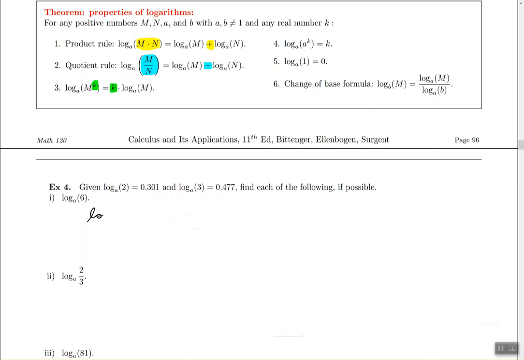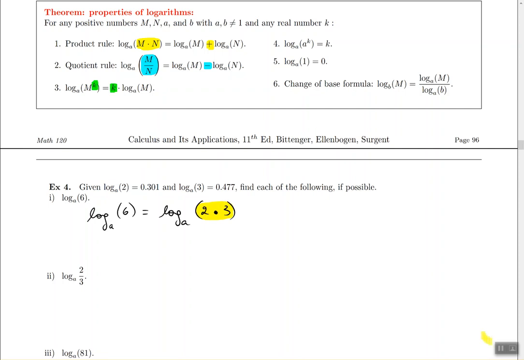The very first one says log base a of 6. Here's the plan: think of a way to write 6 either as a product or as a division of the numbers that we have here. It is obvious that 6 is the same thing as 2 times 3. Notice that I'm writing 2 times 3, so this will involve using the product rule.